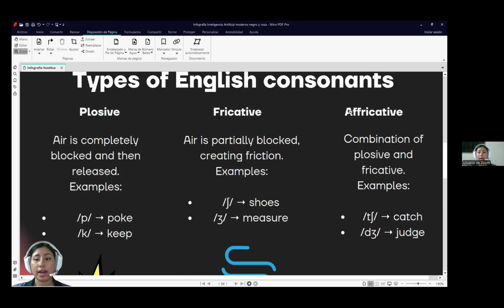Then we have the affricative. That is a combination of plosive and fricative. For example, catch, catch, judge, judge. Excellent. Repeat: catch, catch, judge, judge.